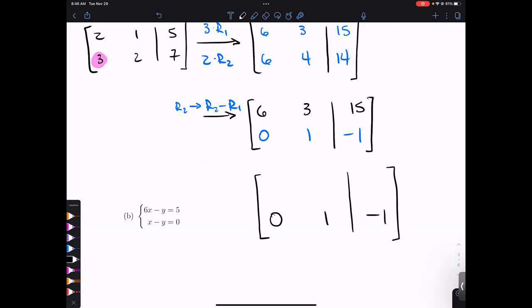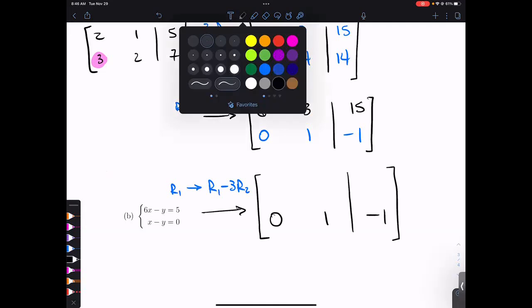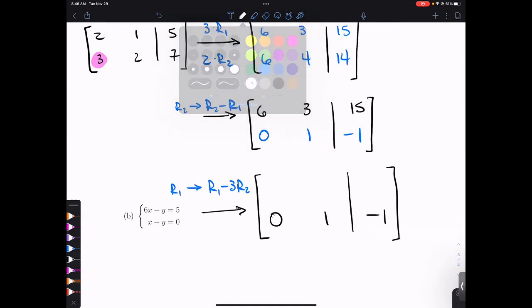To do that, I'm going to take row 1 and replace it with row 1 minus 3 times row 2. Because 3 times row 2 is going to take that 1 up to 3 and then subtract.